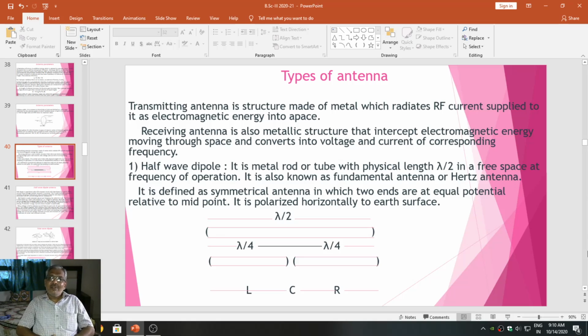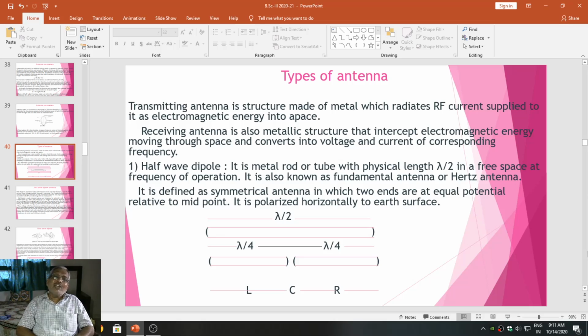Conversely, it will intercept the electromagnetic radiation propagating through the space and convert it back into its radio frequency signal at the receiving end. A similar type of structure we can call an antenna, depending upon whether it converts an RF signal into electromagnetic radiation or converts electromagnetic radiation into a radio frequency signal.